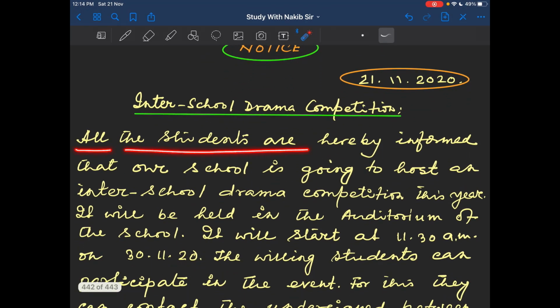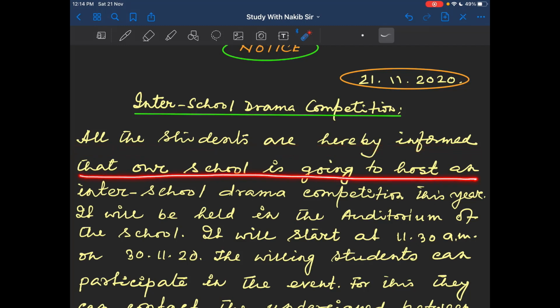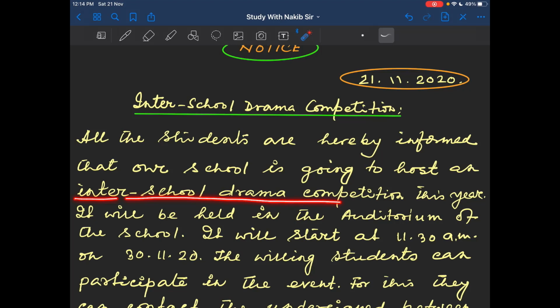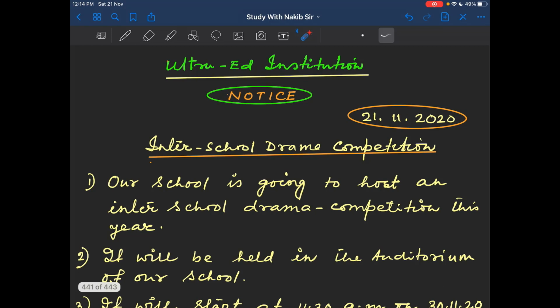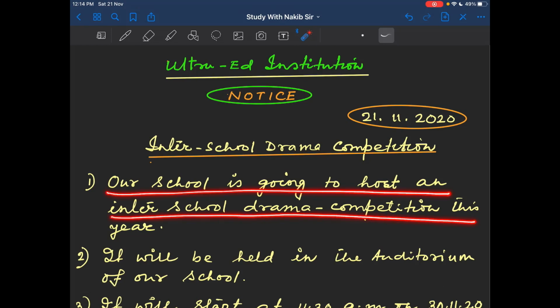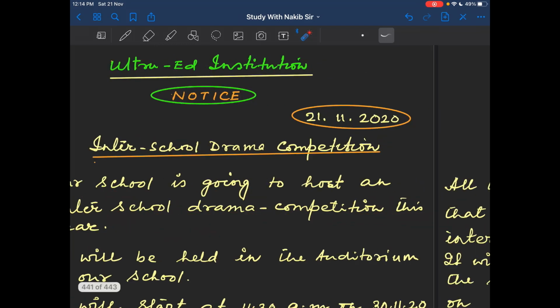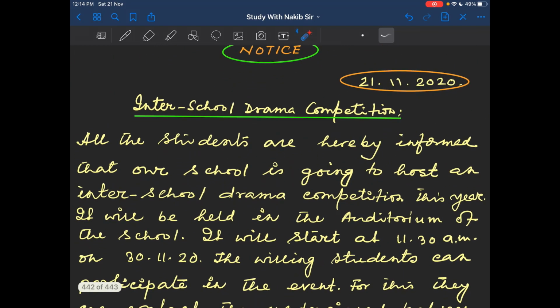All the students are hereby informed that our school is going to host an inter-school drama competition this year. See the modification of the first sentence on the first point. Here you have written, our school is going to host an inter-school drama competition this year, and here the sentence is modified this way.